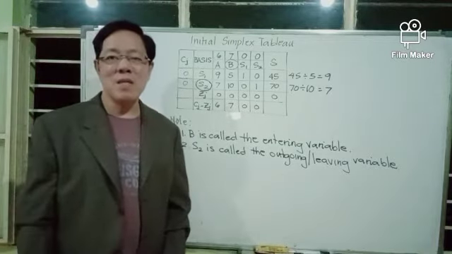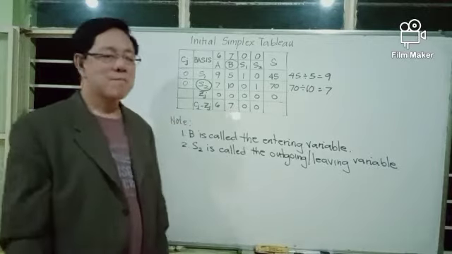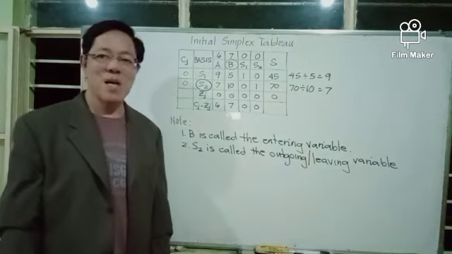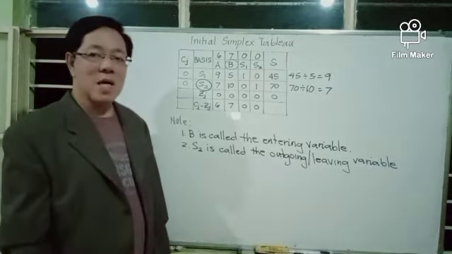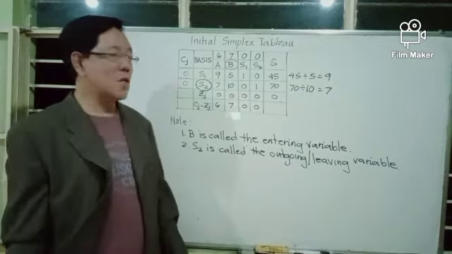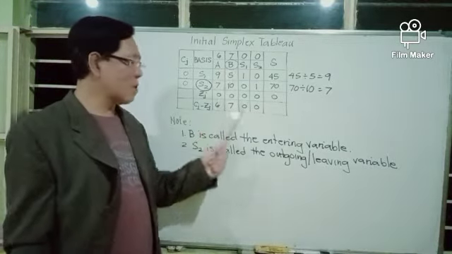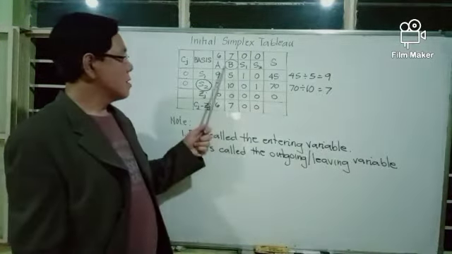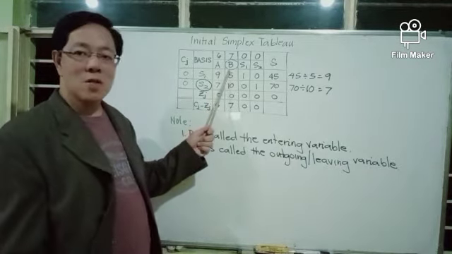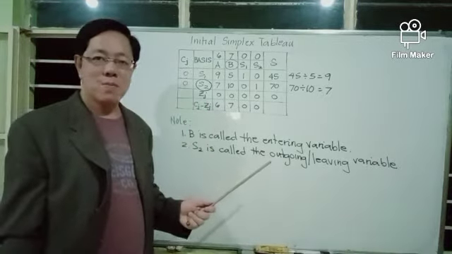Next, we determine what is known as the pivot element. We are still in the process of developing the second simplex tableau. The pivot element is the entry at the intersection of the pivot column and the pivot row. B is the entering variable. The column containing the entering variable is called the pivot column.